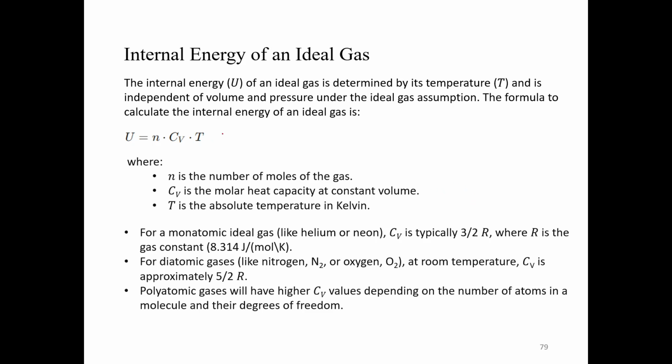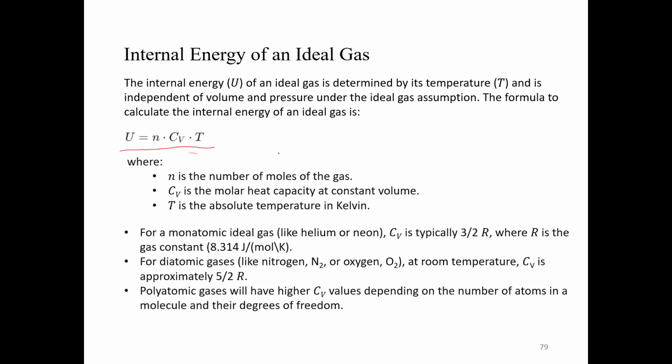So the formula we can derive is U equals n times Cv times T. n is the number of moles of the gas, Cv is the molar heat capacity at constant volume, and T is the absolute temperature in kelvins. Let me talk about the Cv value.